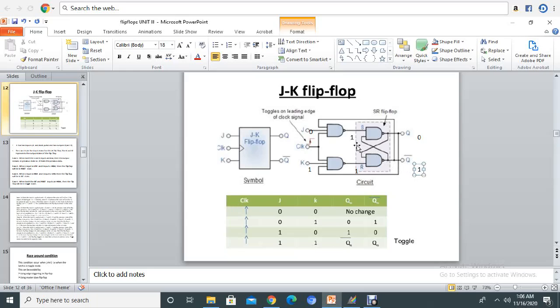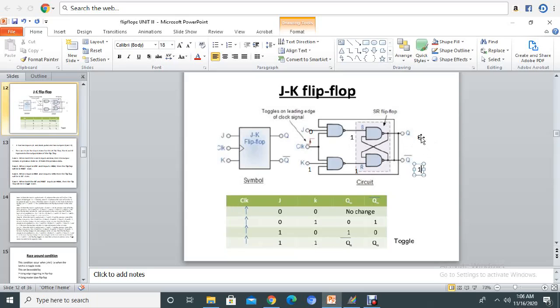This 1 is applied to here. Now both inputs are 1, so Q is equal to 0. So previously 0 in the output, now also 0 in the output after applying clock pulse.